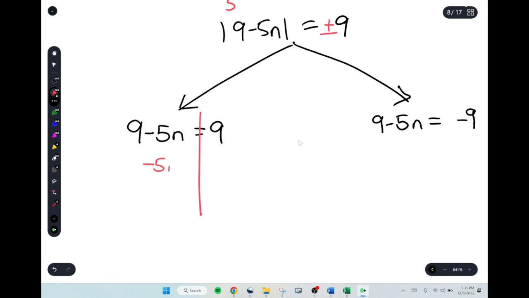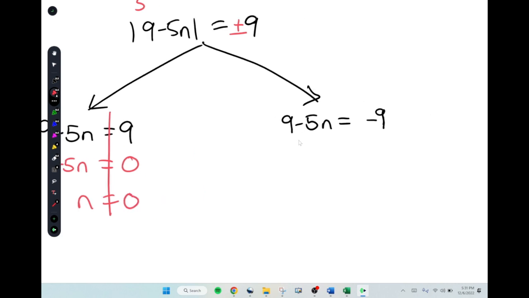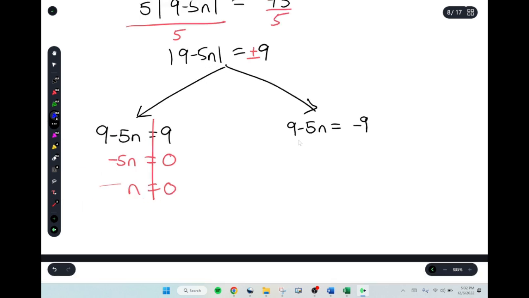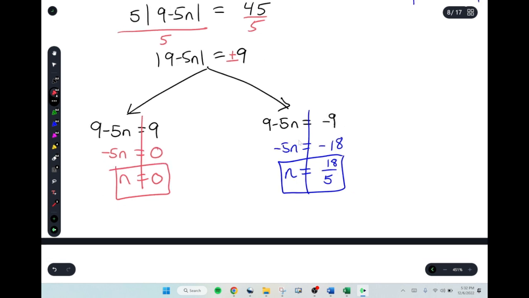So -5n equals 0. n equals 0. Also, blue side, -5n equals -18. n equals 18 over 5. There's your two answers.